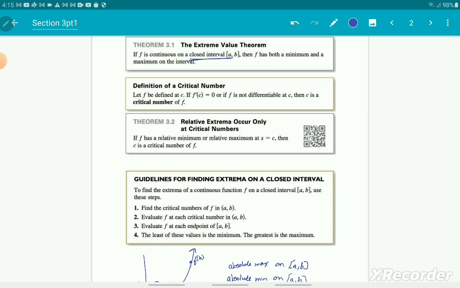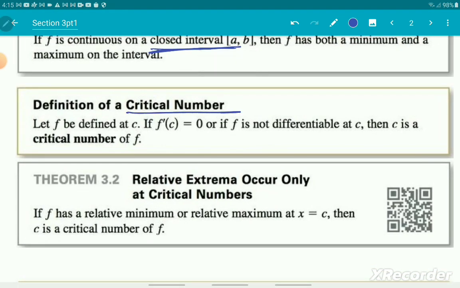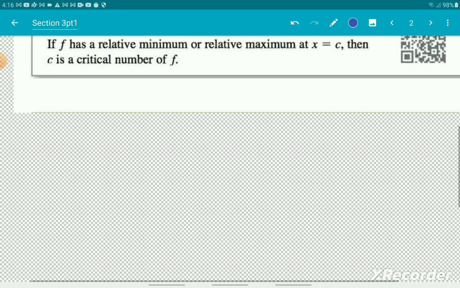And that really is the definition of what's called a critical number. So if we find the derivative and we set it equal to 0, that tells us where we're going to have this critical number.